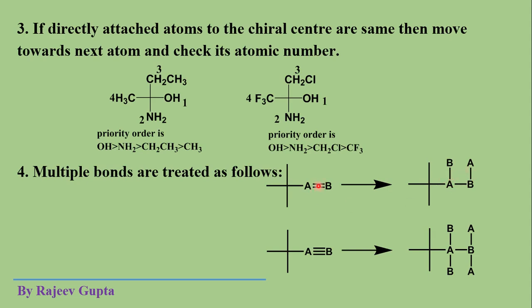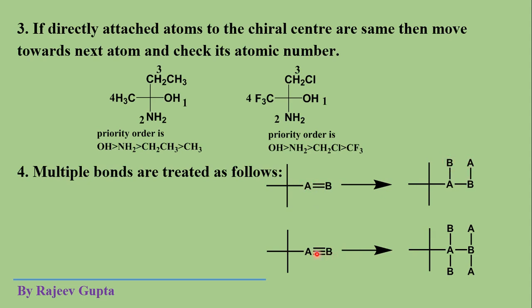We break one pi bond and form two sigma bonds, two covalent bonds, and this portion which is directly attached to this double bond comes here, and this other portion comes here.